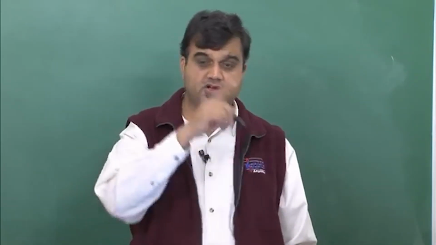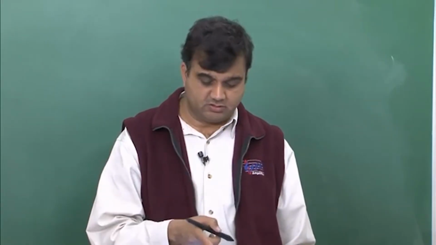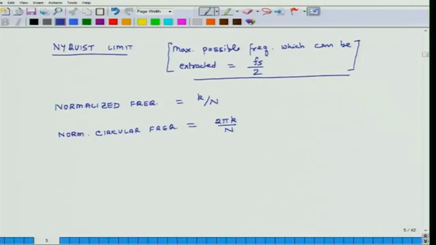If you want to do it in angular velocity terms, or circular frequency terms, you multiply it by 2 pi. Actually, I will not call it hertz or radians per second, because this is a unitless entity.